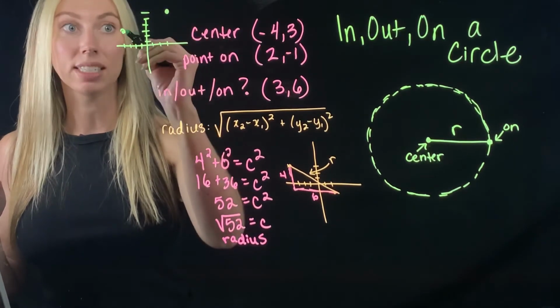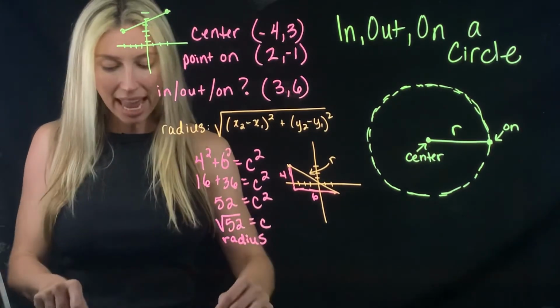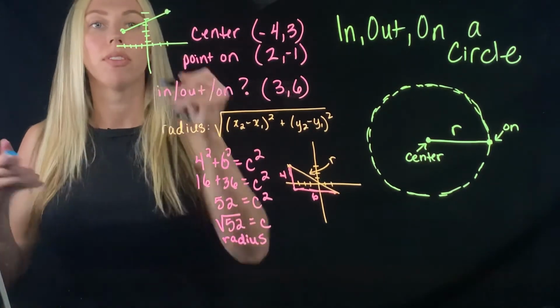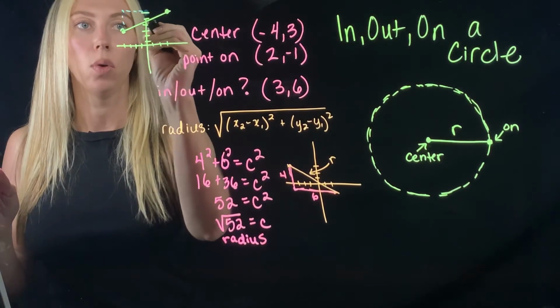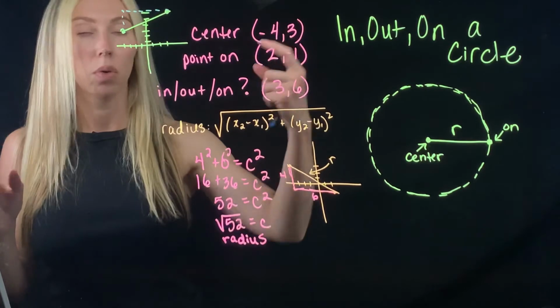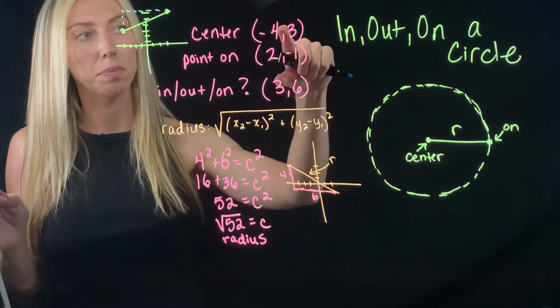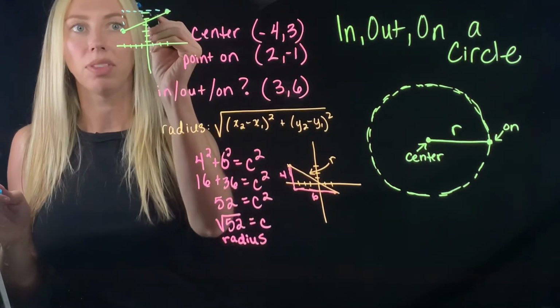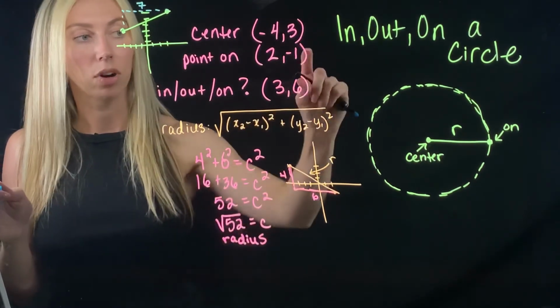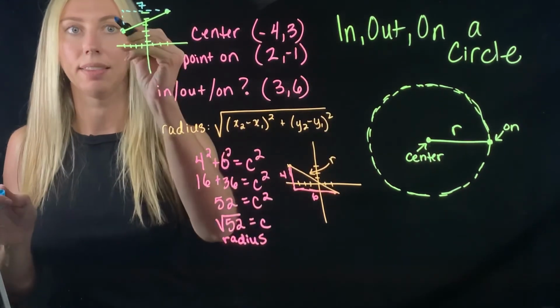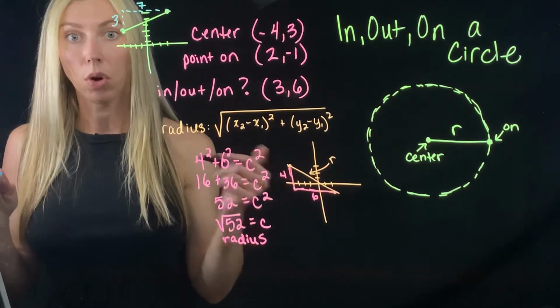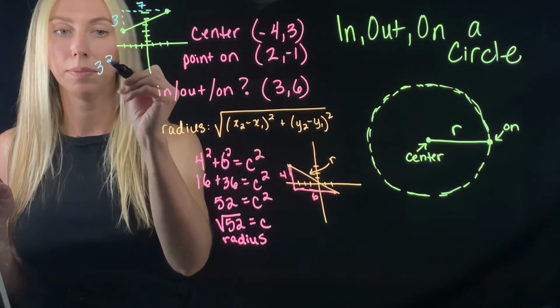So this would be the distance I'm looking for, and I can find the vertical and horizontal distance. So the way I would do it is I wouldn't even graph it. I would think, okay, how far is it from -4 to 3? Well, I know that that's 7. And how far is it from 3 to 6? That's 3. And then you can go ahead and do Pythagorean theorem again.